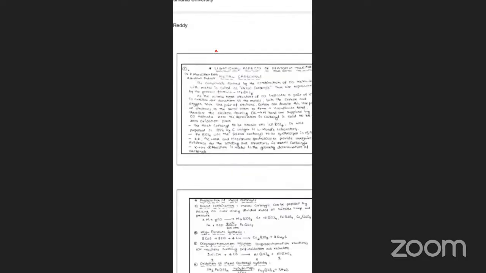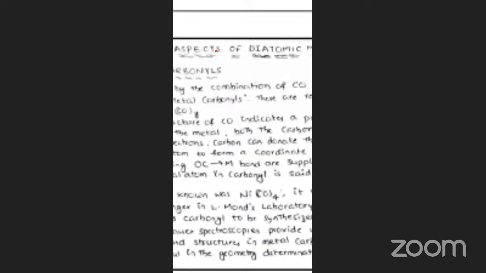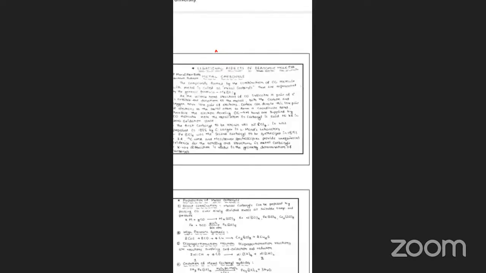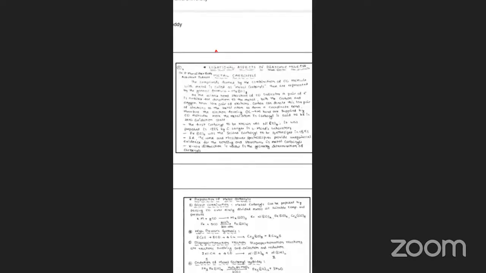Ligational aspects of diatomic molecules. CO is a stable, neutral molecule. So this neutral molecule binds with the metal as a ligand, and the formation of metal carbonyls takes place.